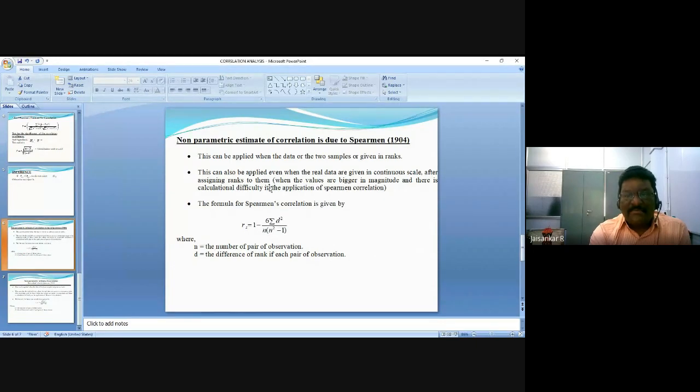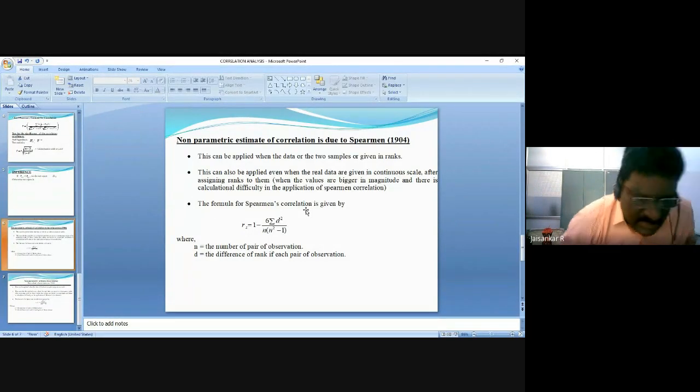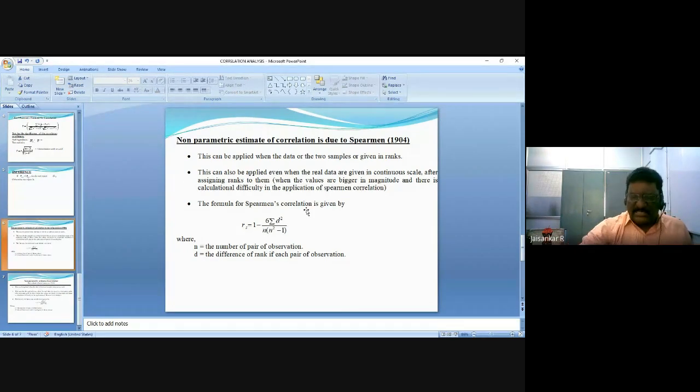After assigning them ranks, I can make use of Spearman's rank correlation. In biological problems, the majority of characteristics are not quantitative but qualitative. Therefore, I may make use of rank correlation more than Pearson's correlation.